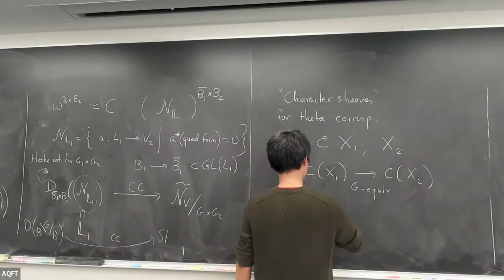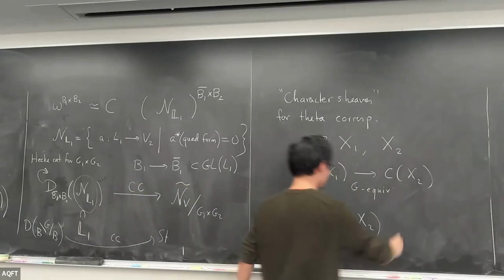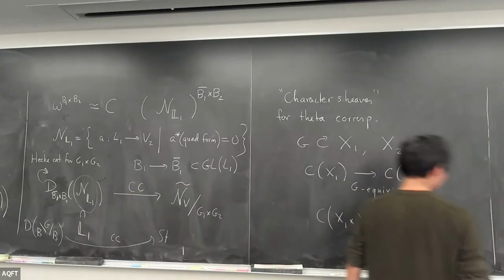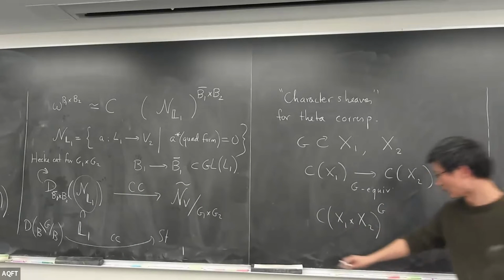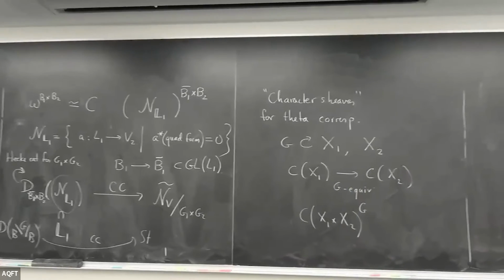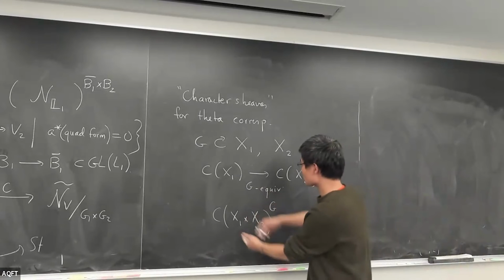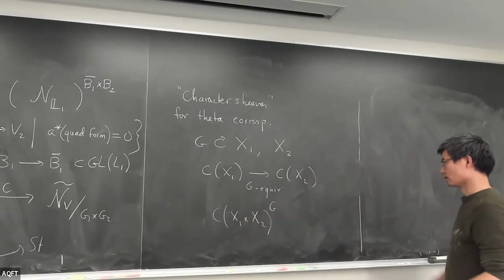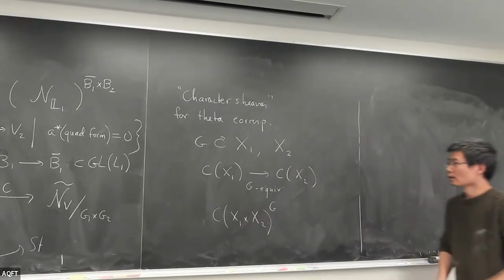Every such map is given by a kernel. So that's the same as studying diagonal invariant functions on G at x1 times x2. I think of these as analogs of, if you geometrize this, character sheaves in the relative setting.